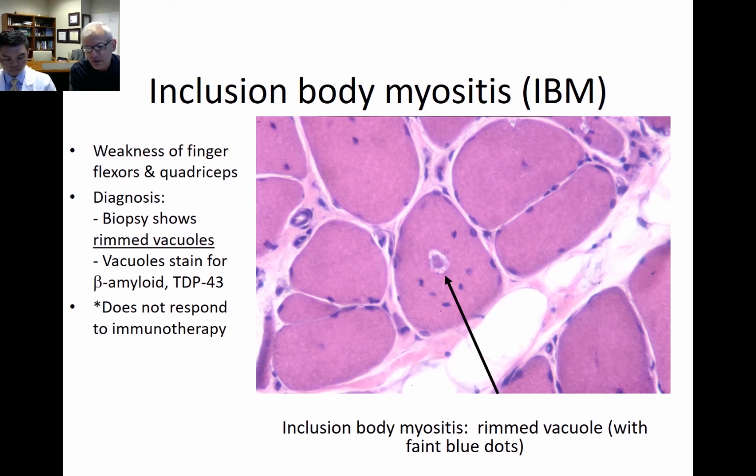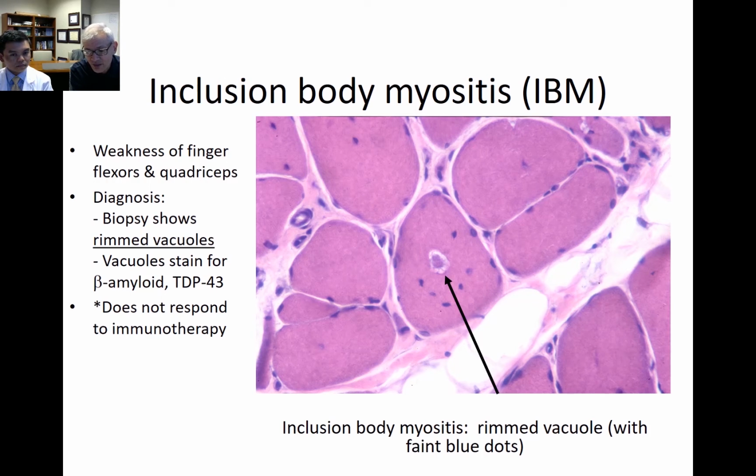And unfortunately, finding these diagnostic so-called rimmed vacuoles or inclusion bodies is not always possible in a given muscle biopsy. Sometimes there are a lot of them, sometimes not. So in a given case, if I cannot find them, but I am convinced that this is in this group of inflammatory myopathies, I will make such a diagnosis and make a comment.